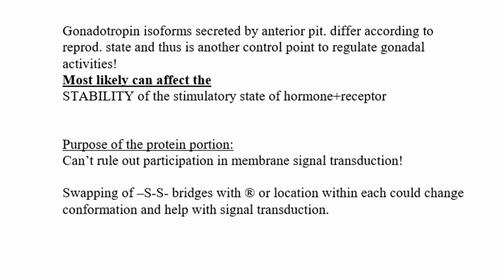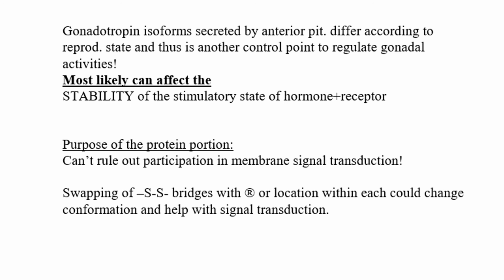And so these glycoprotein isoforms or gonadotropin isoforms may be secreted by the anterior pituitary gland, and they may differ according to the reproductive state of the animal, and thus make another control point in regulation of gonadal activities.